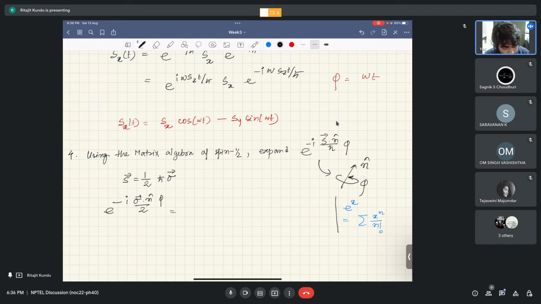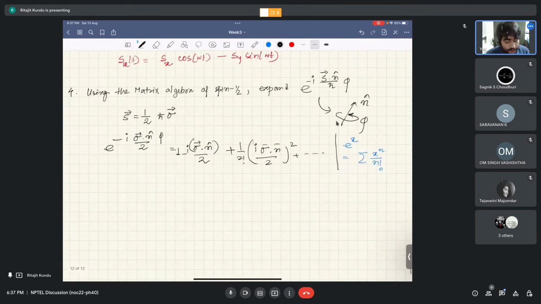So you can expand it: 1 plus minus i sigma dot n cap phi by 2, plus 1 by 2 factorial times minus i sigma dot n phi by 2 whole squared, and so on and so forth. You get the point. We have to expand it like a Taylor series.